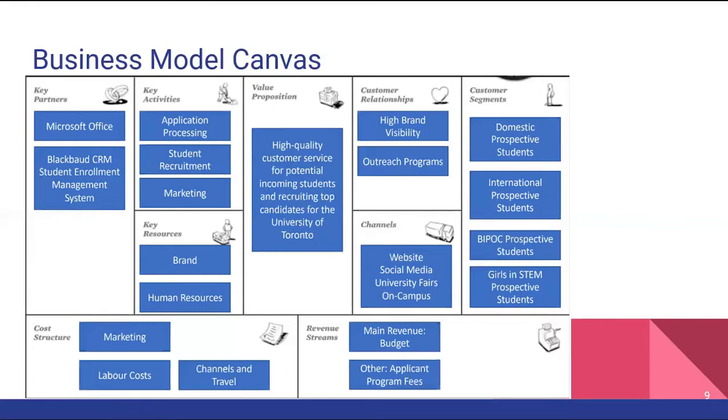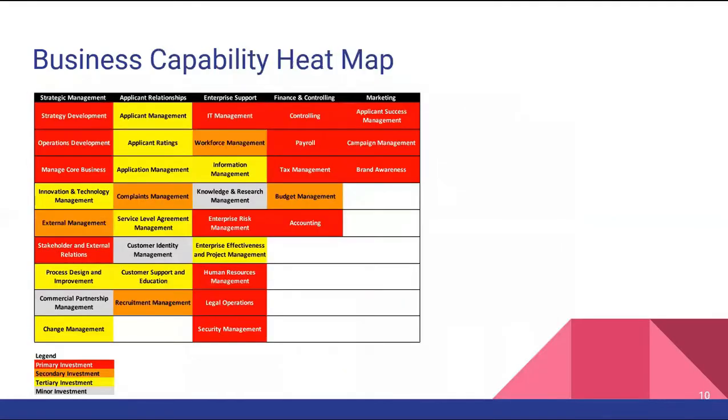The business capability heat map highlights that enrollment services has a very strong marketing team, finance team, IT team, a skilled workforce, and a management. The university's main competitive advantages are marketing and brand awareness because U of T is currently one of the top universities in the world.